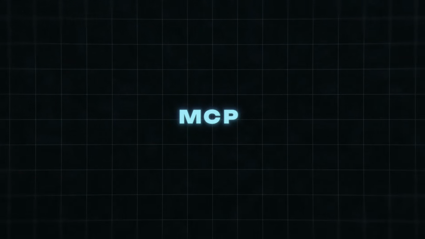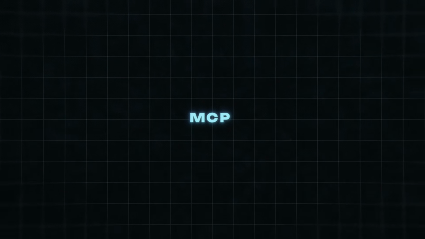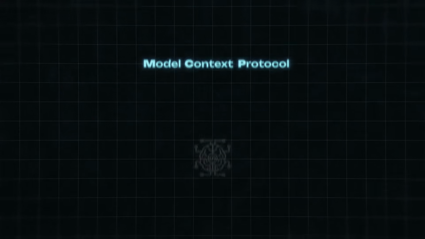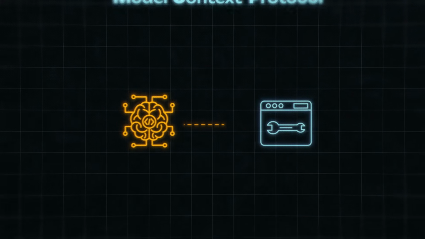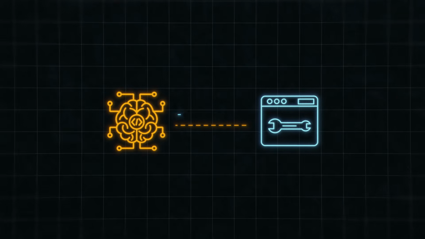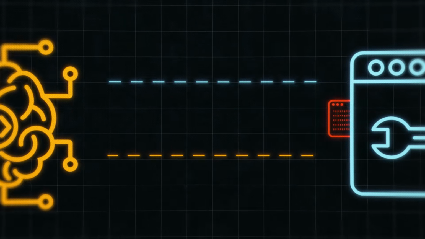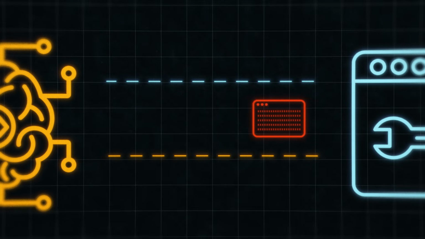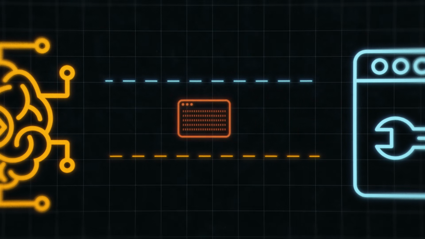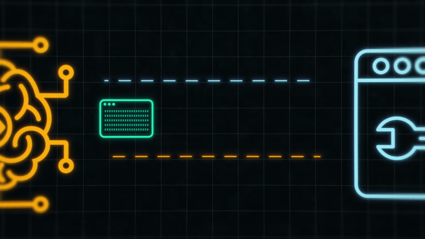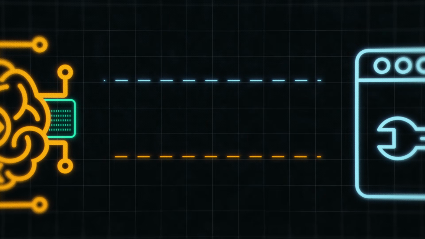Then MCP enters the picture. The Model Context Protocol is the standard an agent uses to connect to external tools and pull their data into its own context. When the agent fetches that error from Sentry through MCP, it treats it as trusted system output, as its own working information.